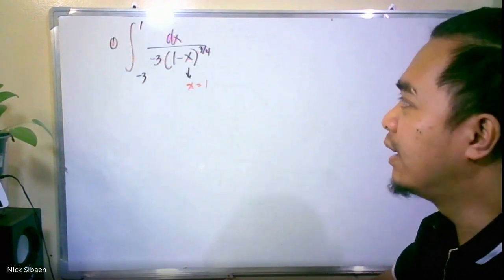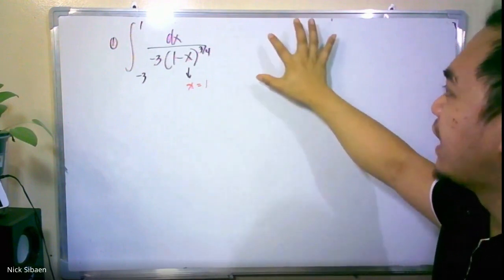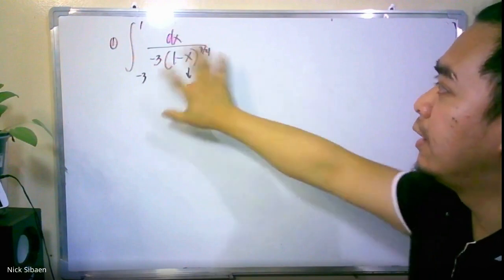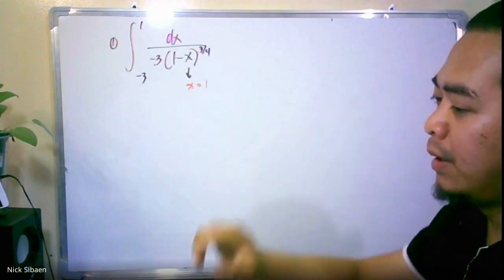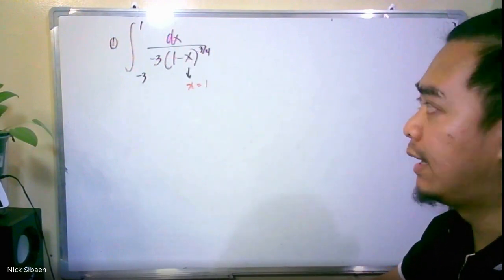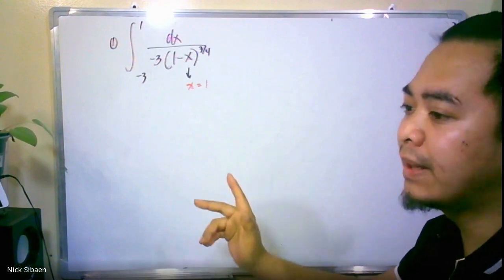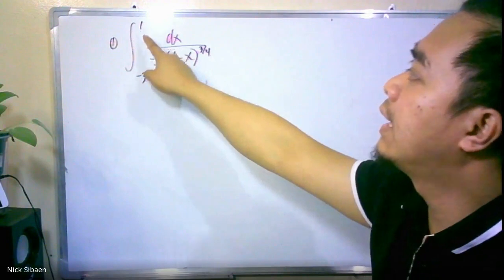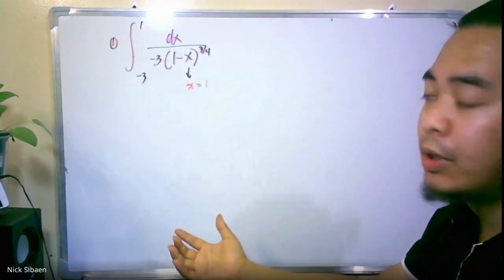Diba? So parang ang hirap, no? Parang pag nahalo siya sa ordinary na definite integral, tas hinalo mo siya sa ganitong klaseng problems, medyo nga mahirap i-visualize, i-realize. Pero dapat aware tayo na if it happened to be an asymptote, a vertical asymptote, it becomes an improper integral.